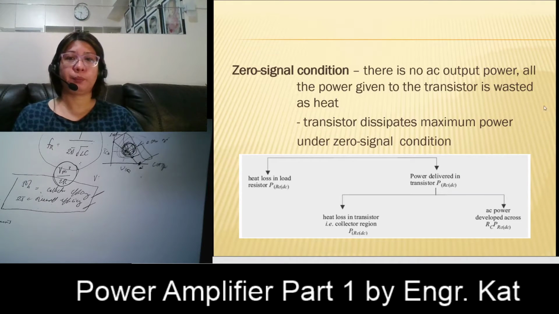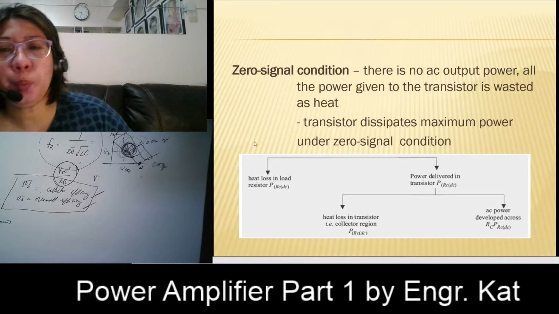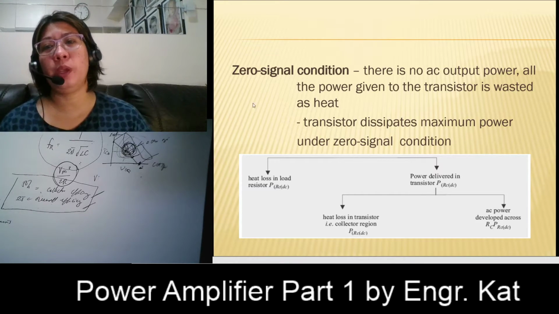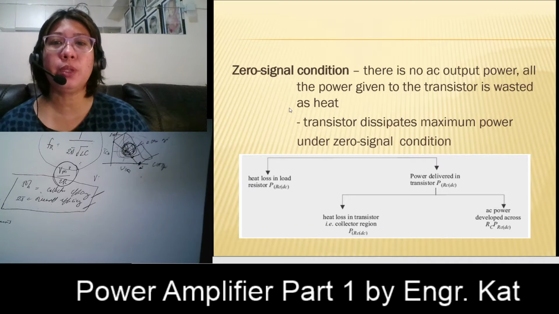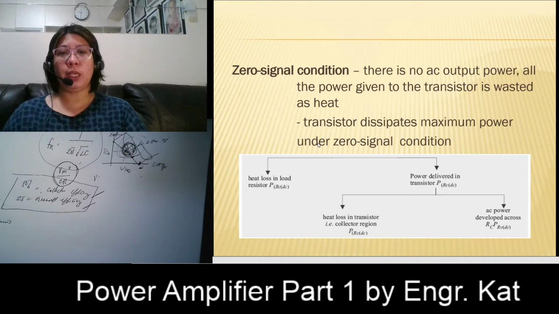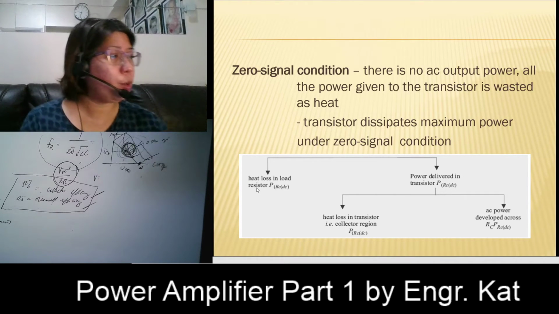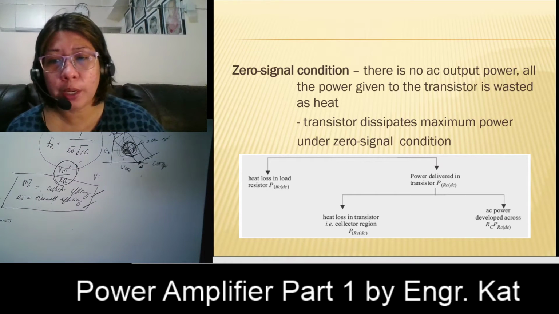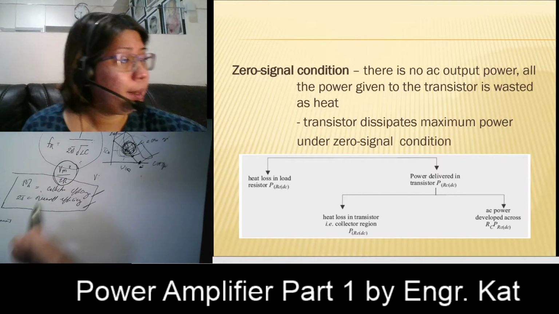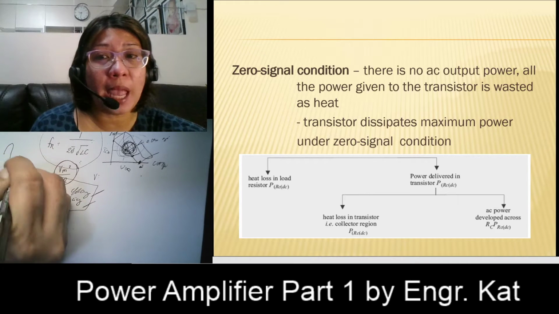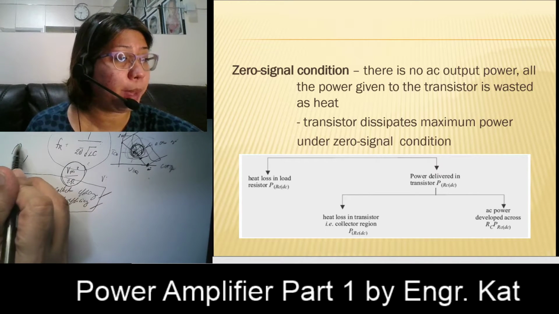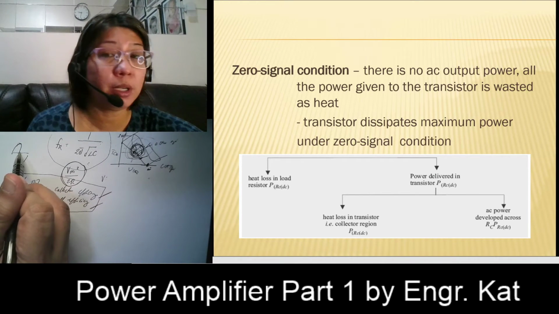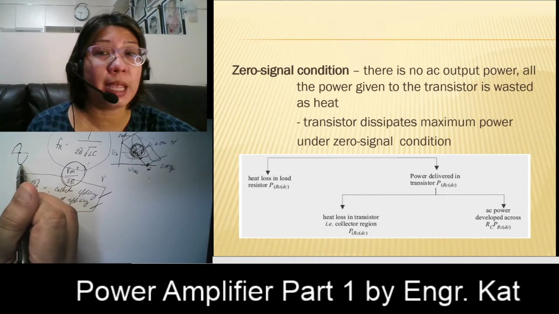We have a special case for class A which we call the zero signal condition. As we all know, your AC signal sometimes has a positive peak, sometimes it is DC or zero, and sometimes it has a negative peak.